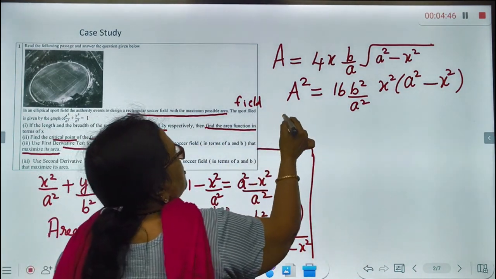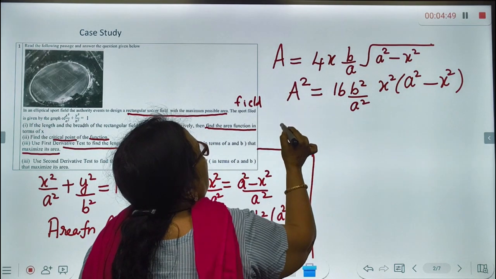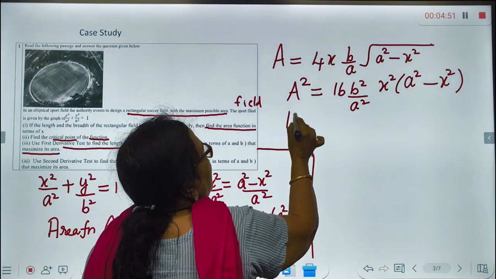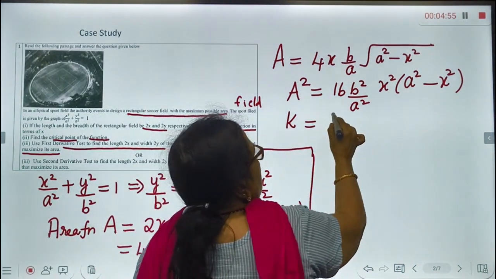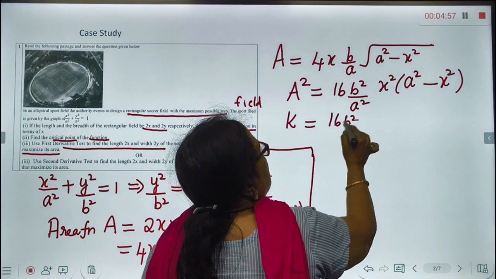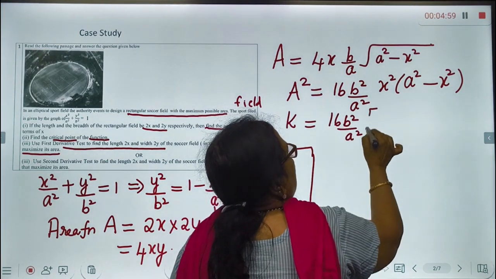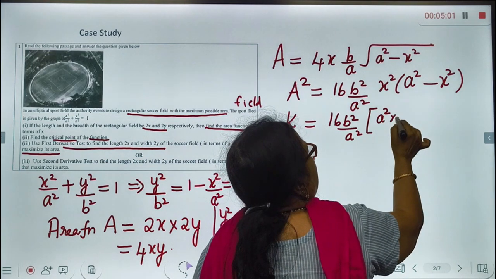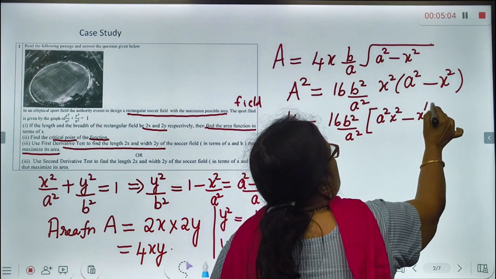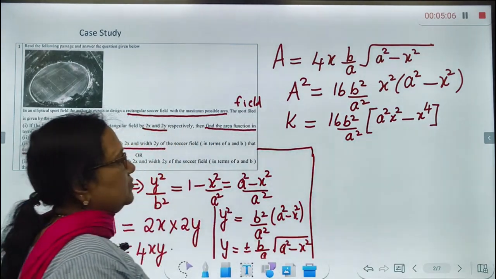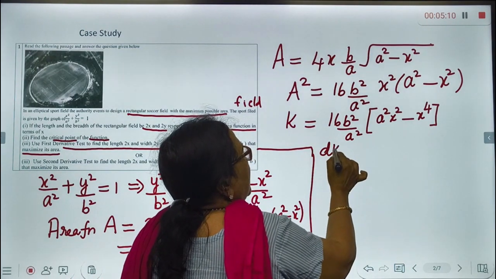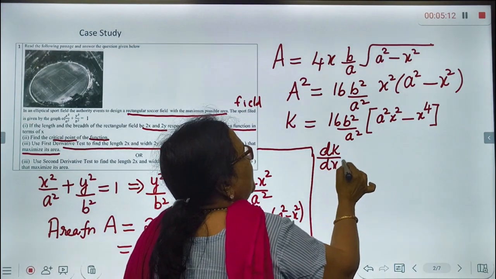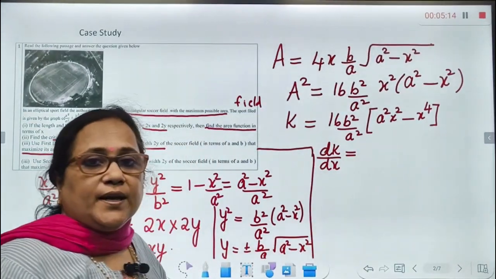Now this area function A square, I will call it as say K, which is equal to 16 b square by a square, which is a constant, into a square x square minus x power 4. dK by dx, this is a function of a single variable, namely x.